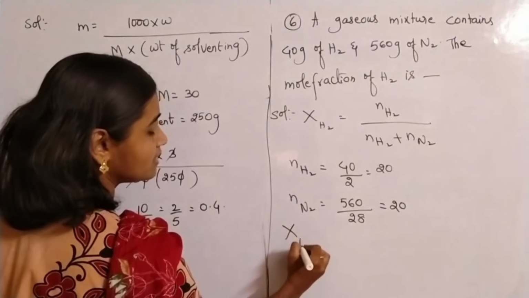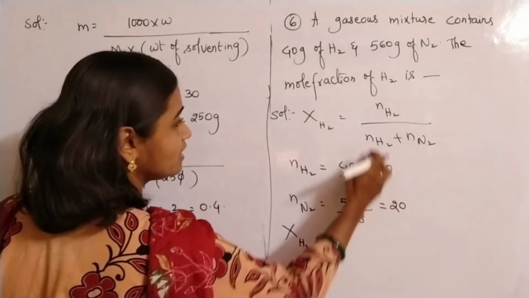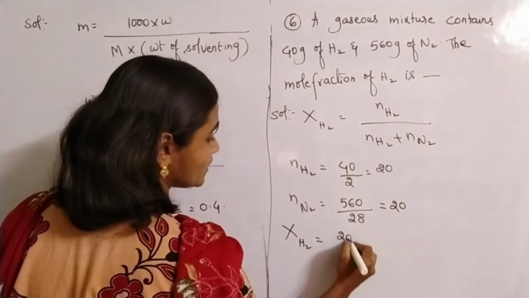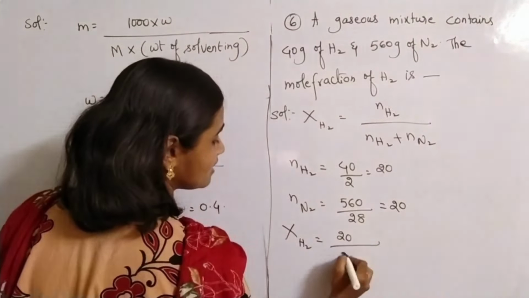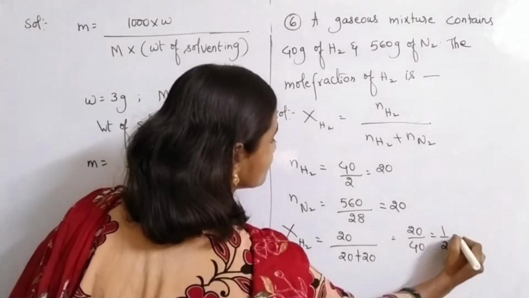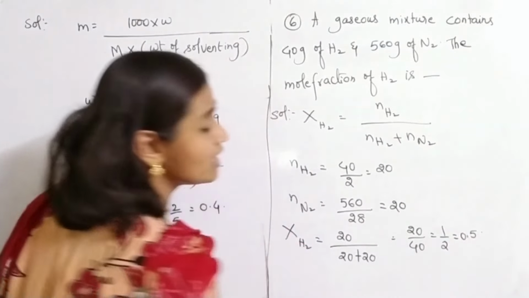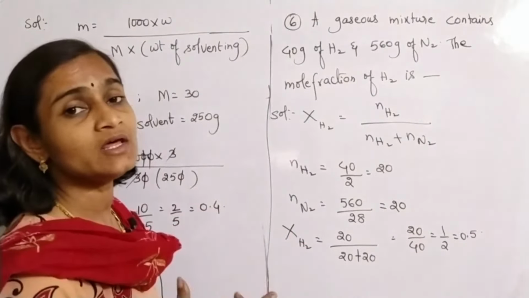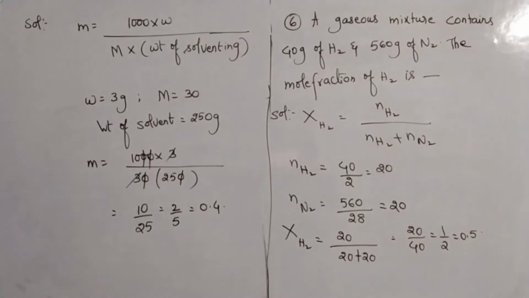So XH2 is NH2, which is 20 by 20 plus 20, which is 20 by 40. It is 1 by 2, means 0.5. And mole fraction does not have any units, please remember. So the mole fraction of H2 is 0.5. Next we'll go for the 7th question.